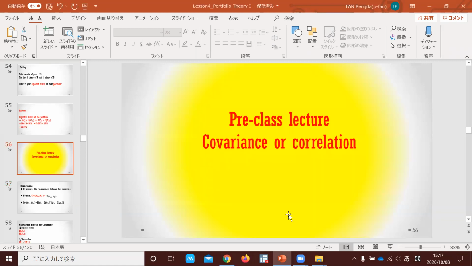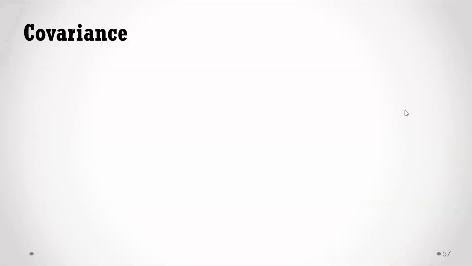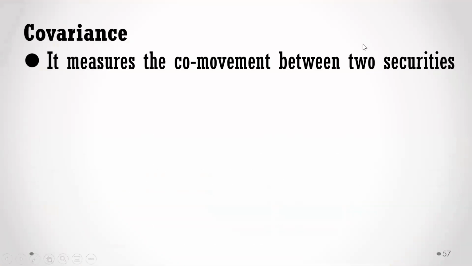Okay, so what is covariance or correlation? The covariance measures the co-movement between the two assets. If the two assets have a positive covariance, that means the two assets tend to move in the same direction.